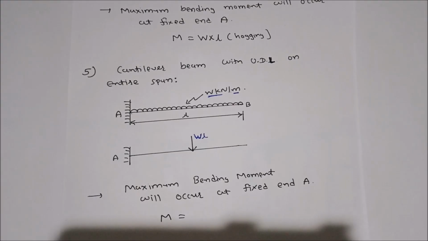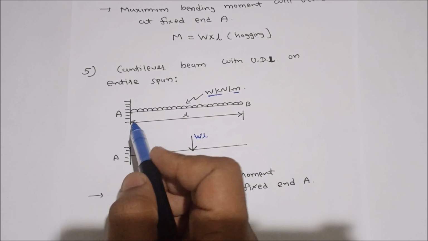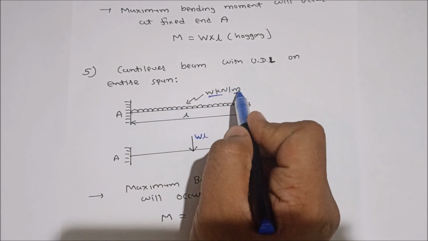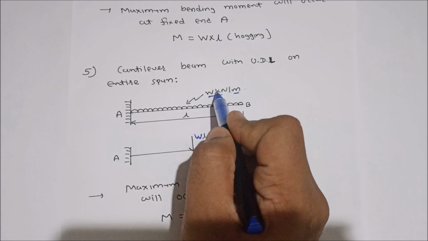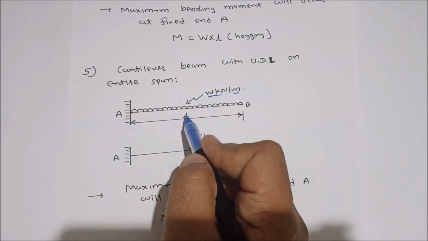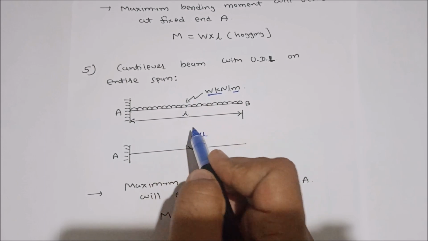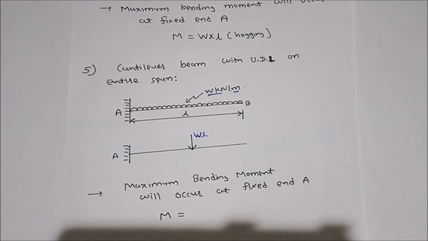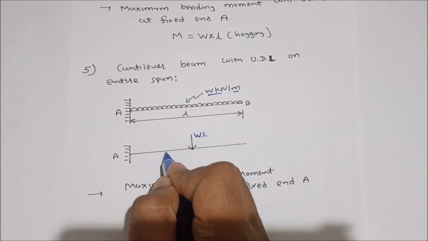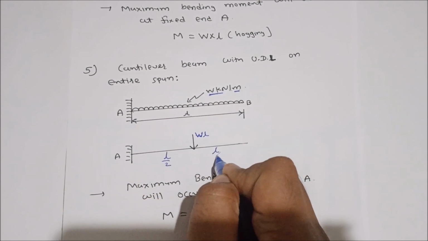The last one is a cantilever beam with UDL on entire span. So here is one cantilever beam and the UDL is acting on the entire span. In 1 meter the load acting is W kilonewton. So in L meter length the total load acting is W into L, and this load always acts at its center point. So the total length is L, so this length is L by 2, and here L by 2.